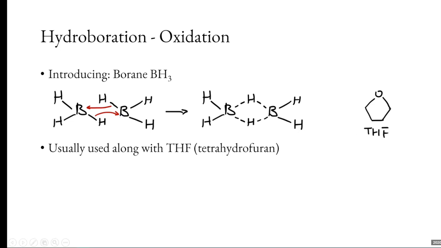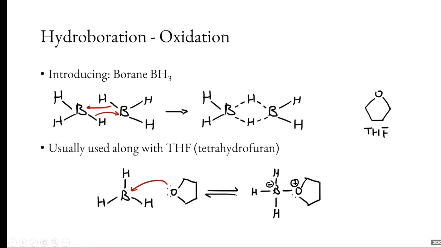To prevent dimerization. Exactly, because the lone pairs on the oxygen will donate electron density to the boron, but the B-H bond is still polarized to the hydrogen side. So this does not affect the actual reaction.